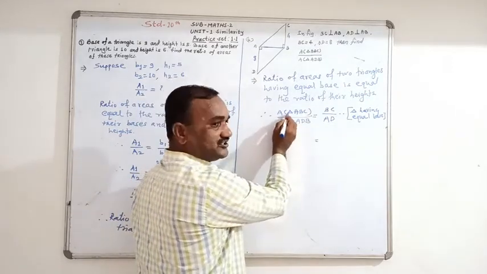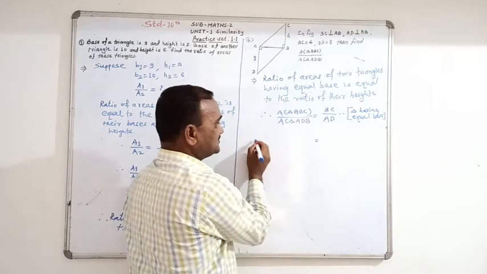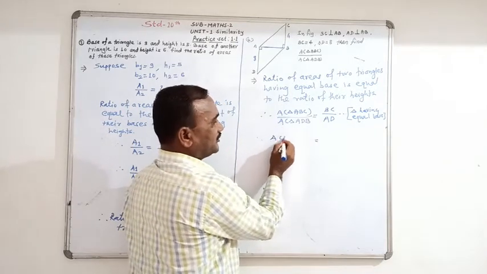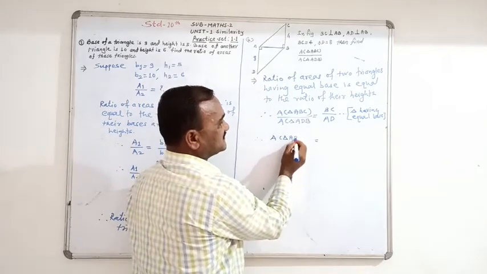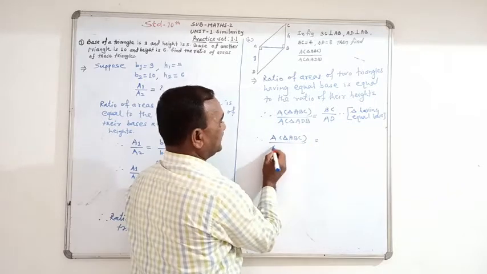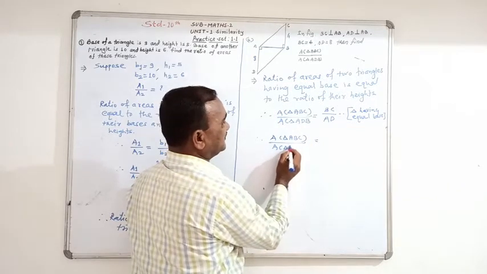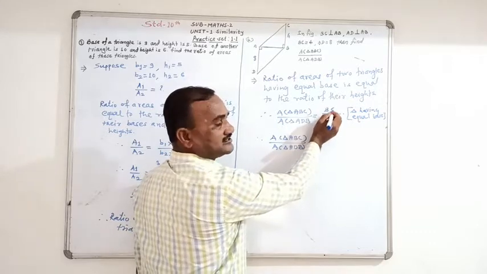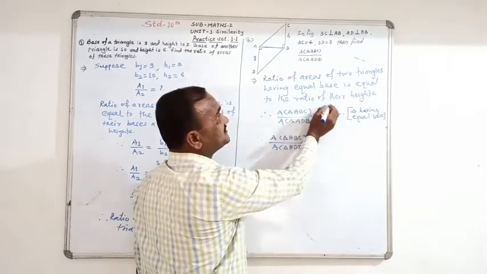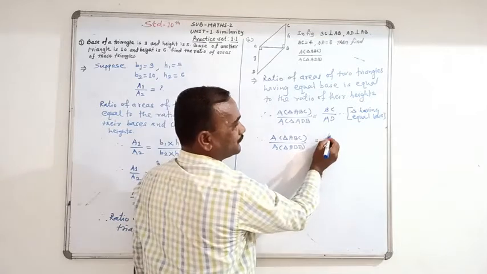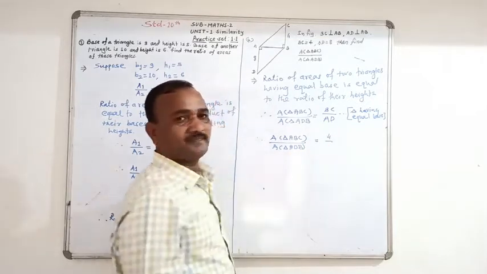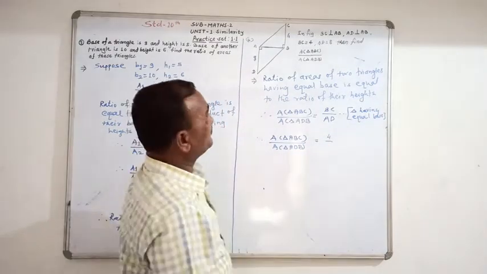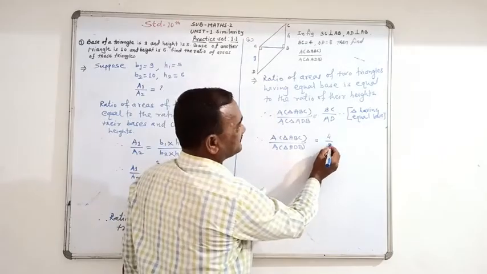We should find the ratio of areas of these two triangles, so keep that as it is. Therefore, area of triangle ABC divided by area of triangle ADB is equal to the length of BC, the value of BC is given, that is 4, divided by AD, the value of AD is also given there, 8.